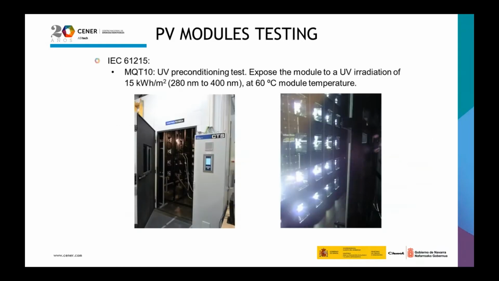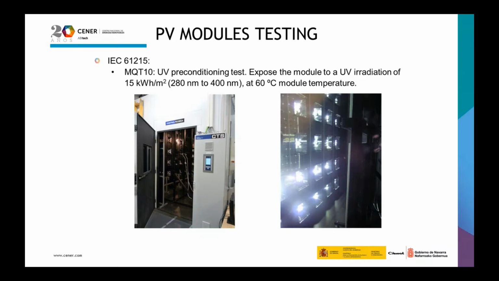Here we have the MQT10 test. It is the UV preconditioning test. It is only a preconditioning because here the module is exposed to a UV radiation of 15 kilowatt hours per square meter in the UV range. UVA and UVB dose is applied at 60 degrees centigrade module temperature.